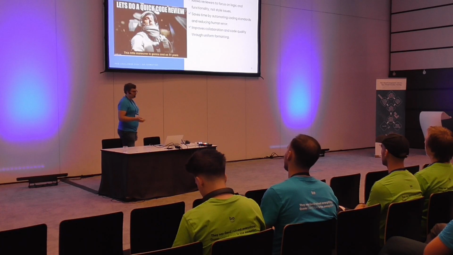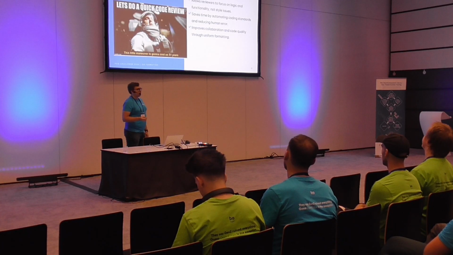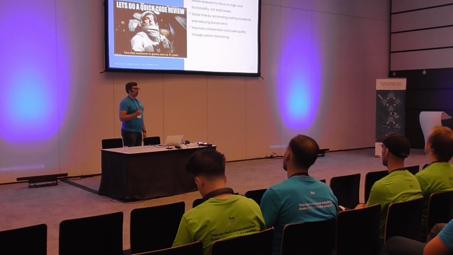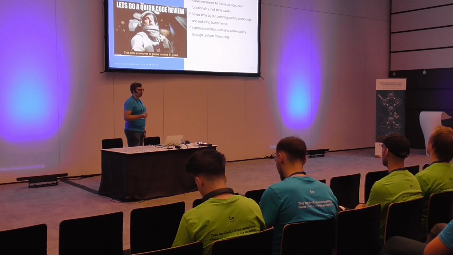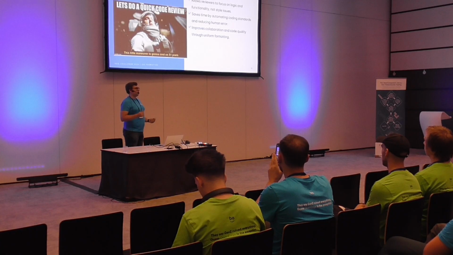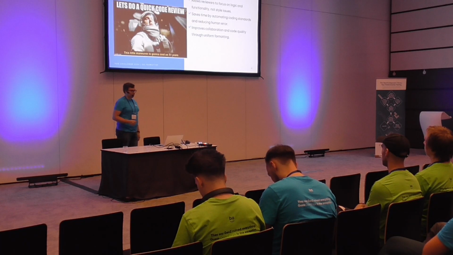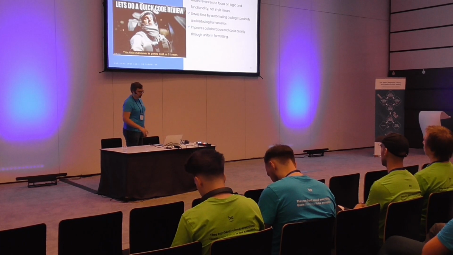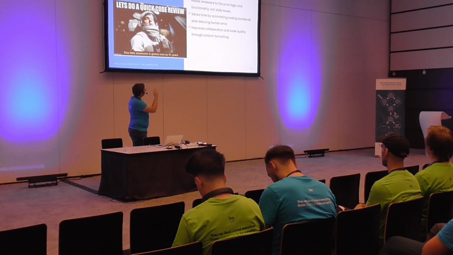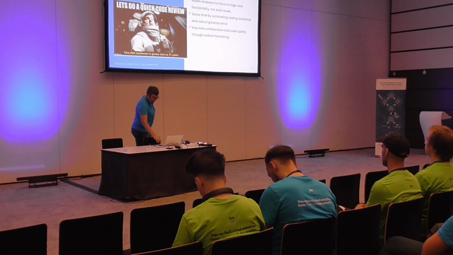And code formatters can remove this step in your review process, because they make the formatting the same during development, and you don't need to review it during the code review. So these are just a few benefits of having code formatting tooling.